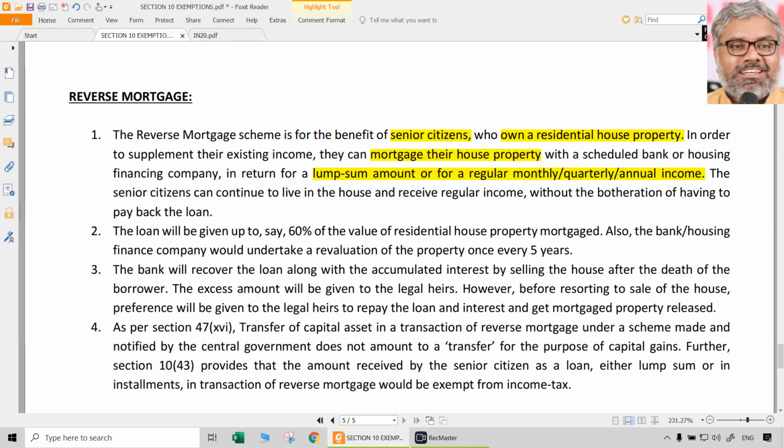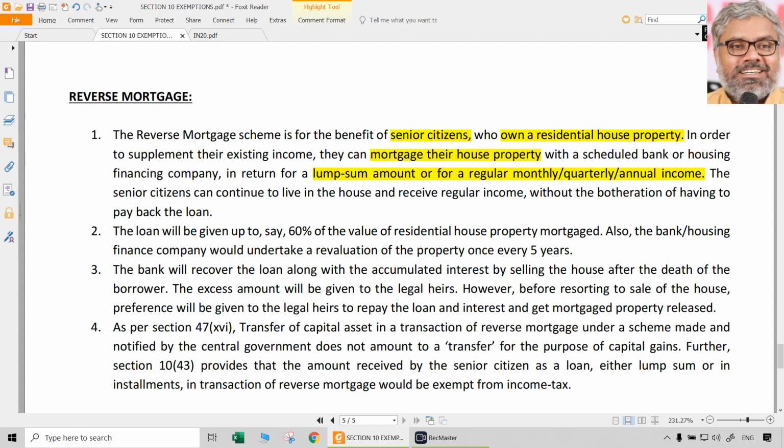Their house they are not vacating, and not selling either. They are only mortgaging it with the bank. They give their house documents to the bank, and they may immediately receive a lump sum amount, but most often than not they will receive some regular monthly income. So they mortgaged the house, and monthly they are getting income.